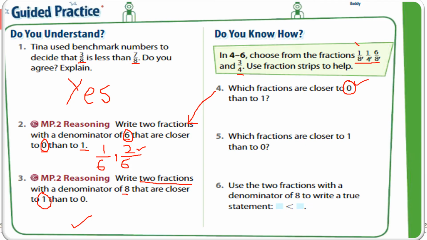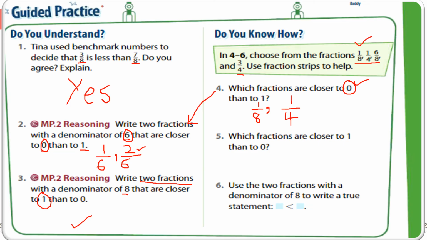So look at these fractions. Which one has the smaller numerator? 1/8 and 1/4 are closer to 0.